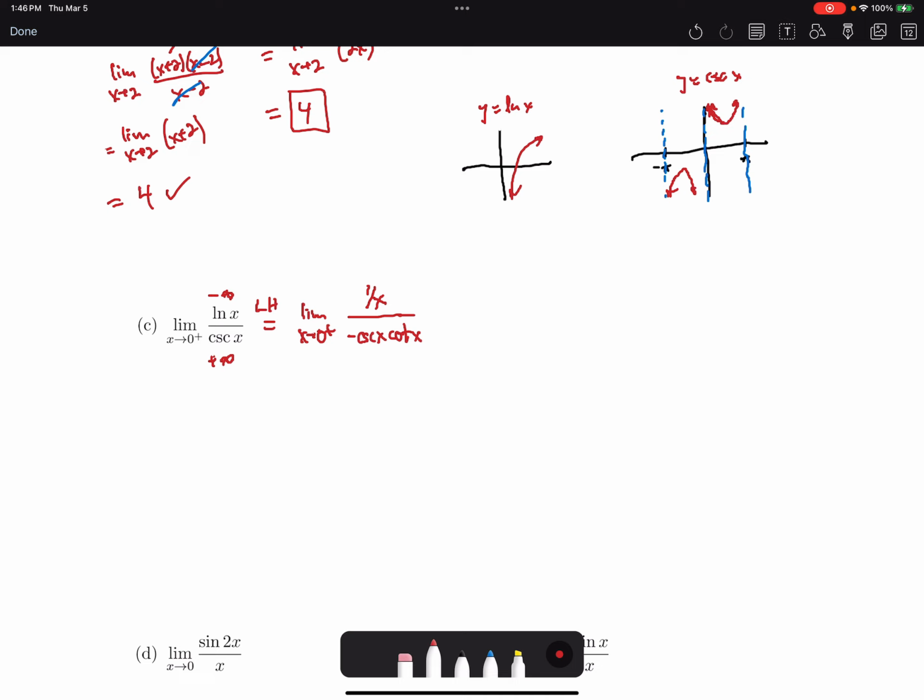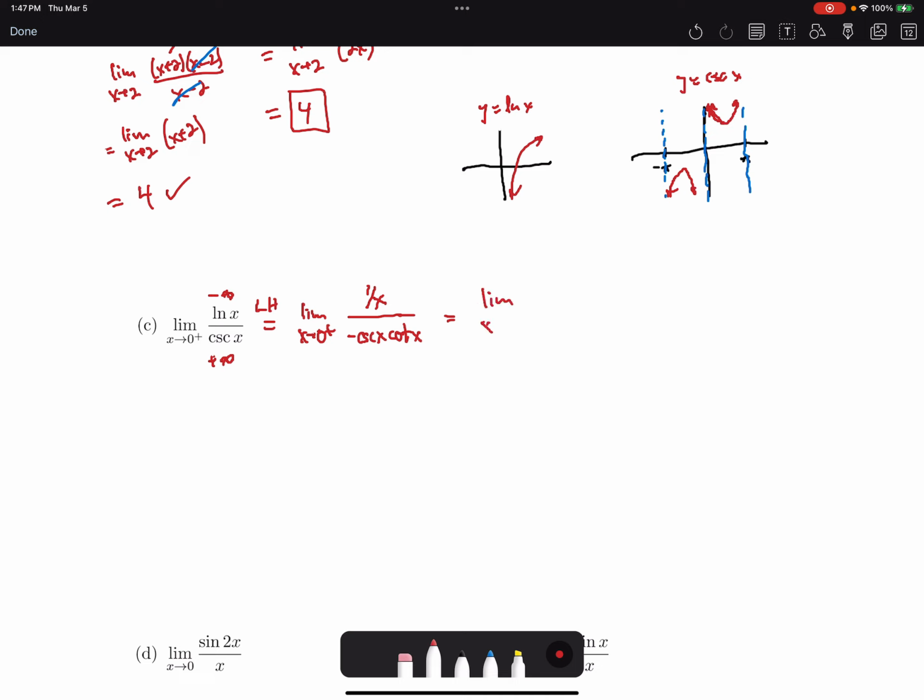Now does that help us? Sometimes L'Hopital's rule applies and it's not helpful. In this case, if we plug in 0 now, we're still going to get infinity in the numerator. And in the denominator, cosecant from the right, I think we have some kind of weird infinity thing going on. We can clean this up a little bit.